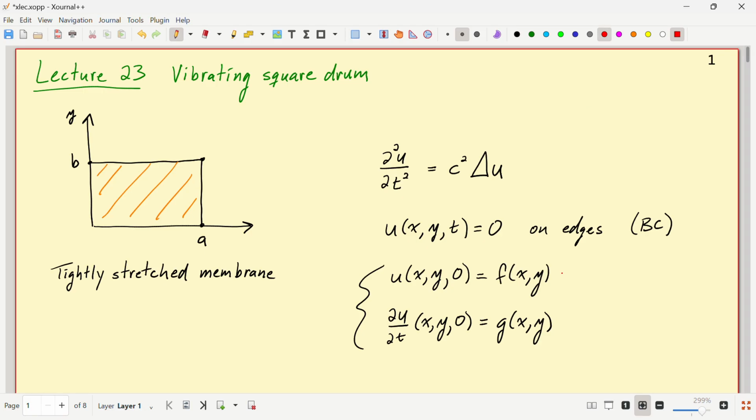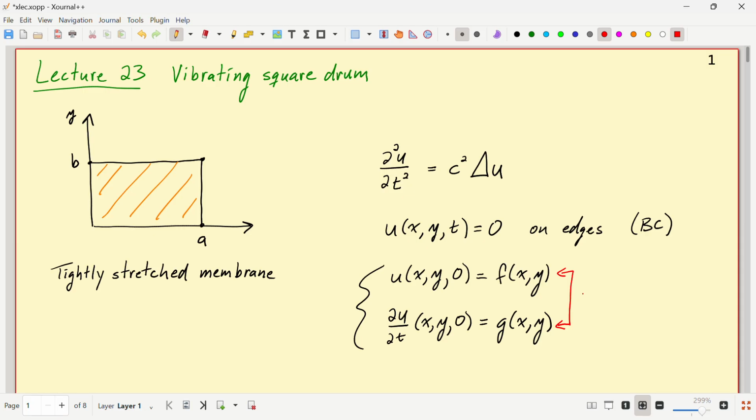This is the basic mathematical problem. It's the wave equation, which you can deduce by cutting the thing into little rectangles and thinking about the infinitesimal Newton's law, F equals ma. A little bit harder than the string problem, but it's the same idea.